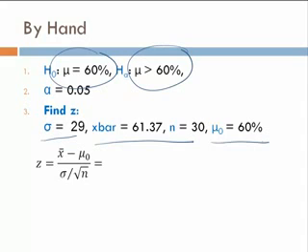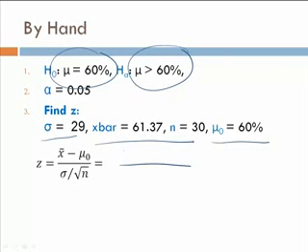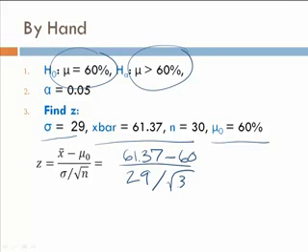And it turns out that's all we need to know to compute z in the third step. Because z, the equation for z, is x bar minus mu0 divided by sigma over the square root of n. So x bar, that is 61.37. Mu0, that is 60%, or just 60. Sigma, that is 29. And n is 30, so the square root of 30.